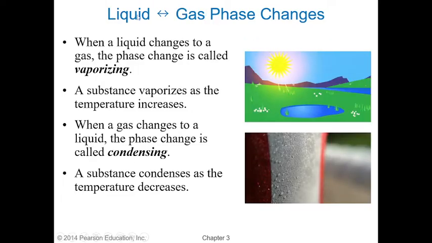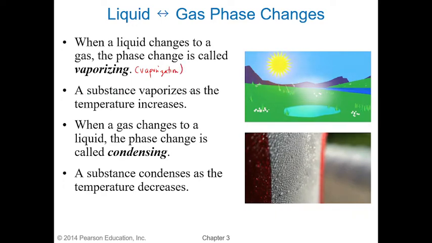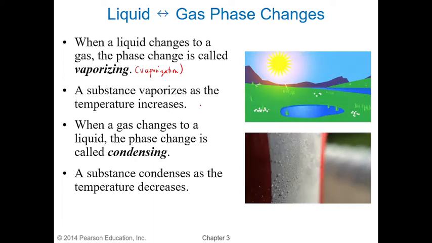If we have the change from liquid to gas, so when a liquid changes to a gas, the phase change is called vaporizing or vaporization. Okay, so vaporization. I'll just write it here. So a substance vaporizes or becomes a vapor as the temperature increases, as shown here.